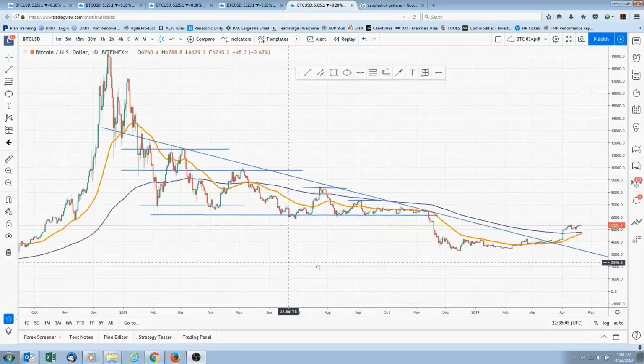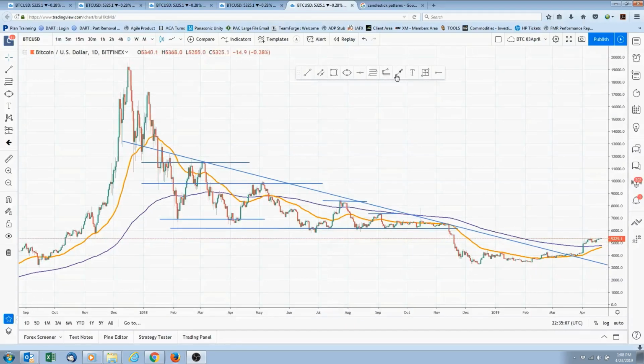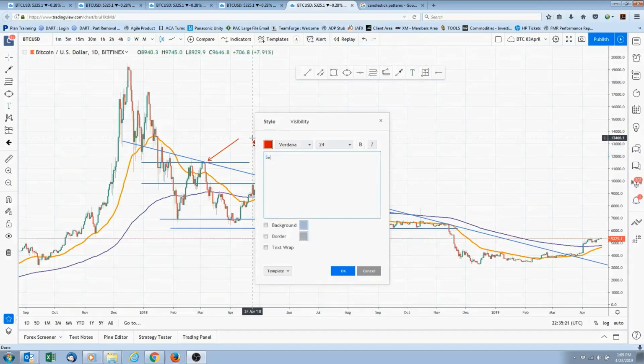So that's an example of areas I would be looking for a sell. Where would we sell? Right here is a sell. Right in here.